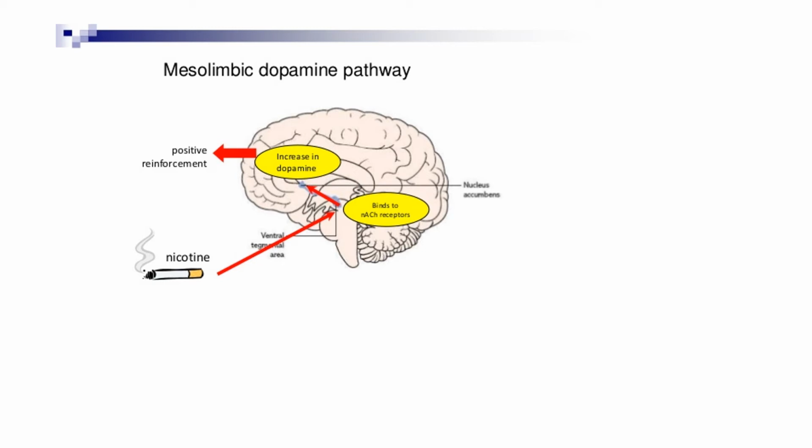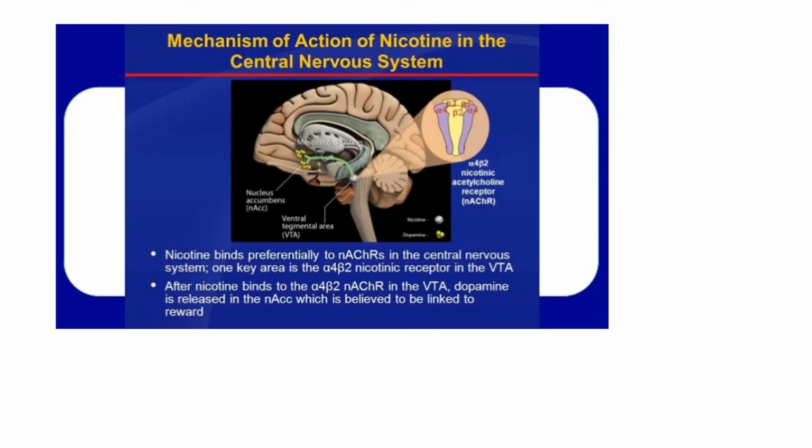So nicotine activates the nicotinic acetylcholine receptors in the brain, and then dopamine activates the pleasurable area in the brain. This causes the need for more and more cigarettes to bring the pleasurable activity. What is the exact mechanism of action? Nicotine binds to the nicotinic acetylcholine receptor, especially the alpha 4 beta 2 receptor present in the ventral tegmental area.